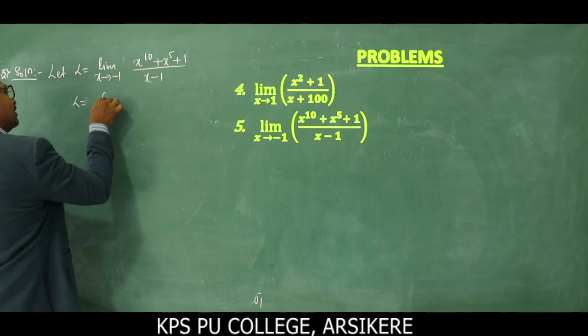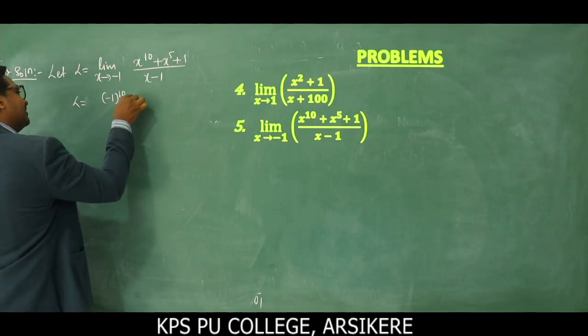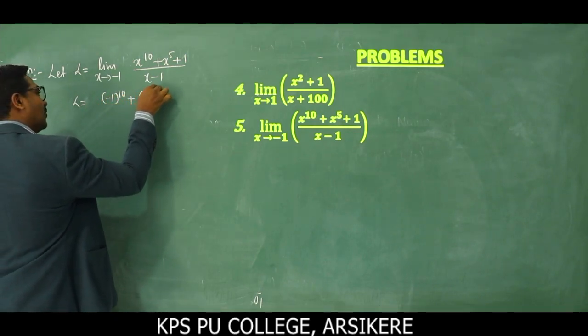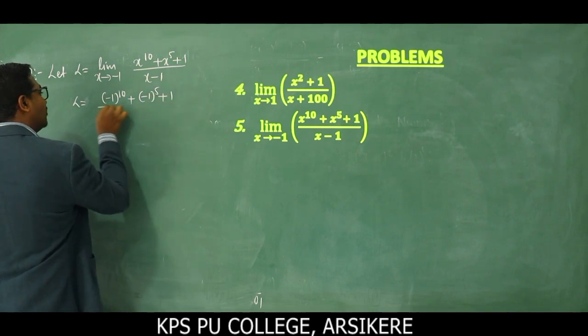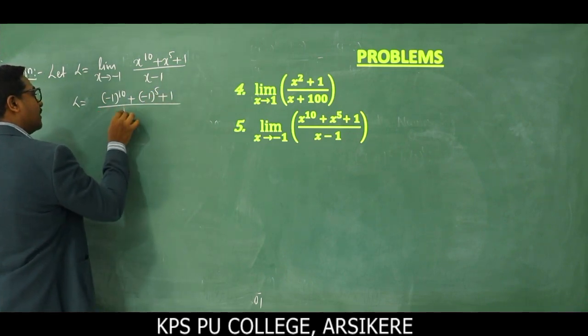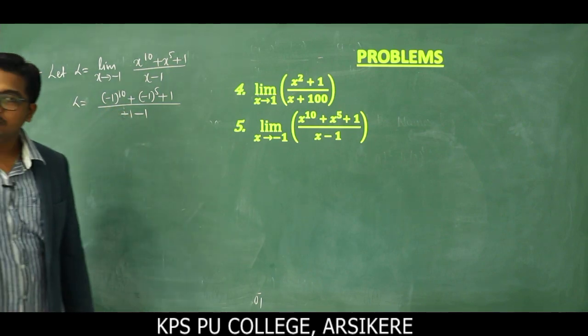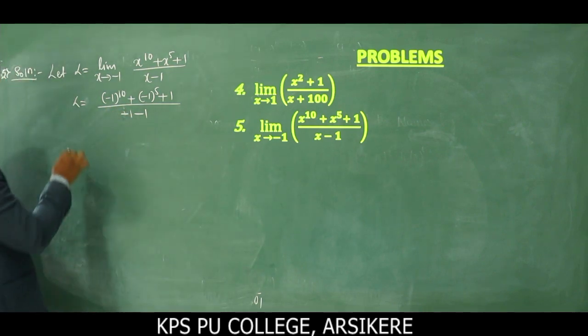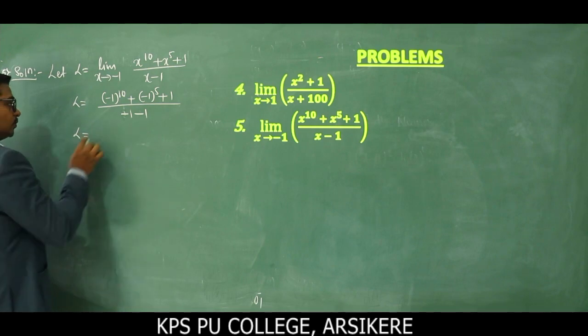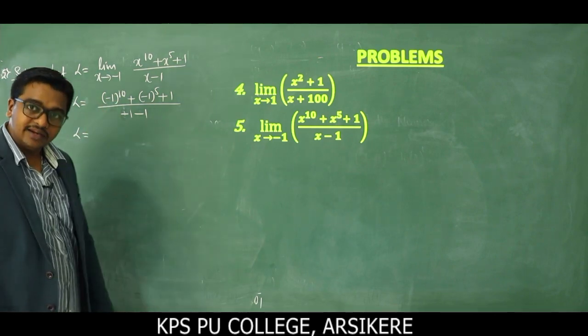Minus 1 whole power 10 plus minus 1 whole power 5 plus 1, whole divided by minus 1 minus 1. Just x is replaced by minus 1.